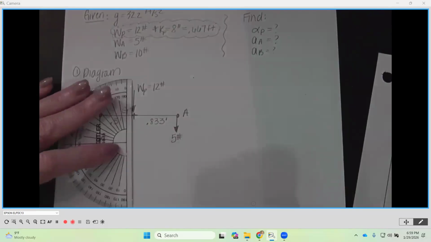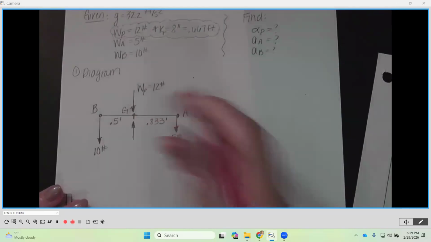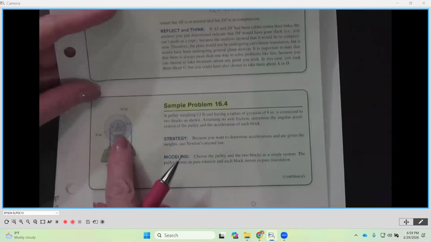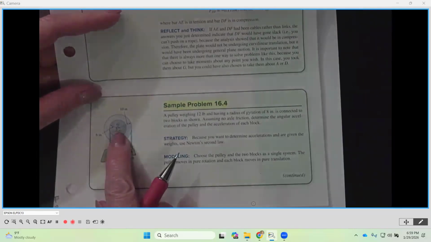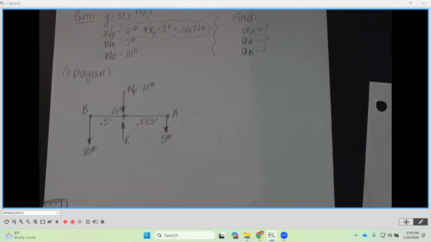And then there is a reaction force because you can see there's like a little bearing or a little support here at G that would keep that pulley from falling down. Okay, so force-wise on the left-hand side here, I think we're all set.